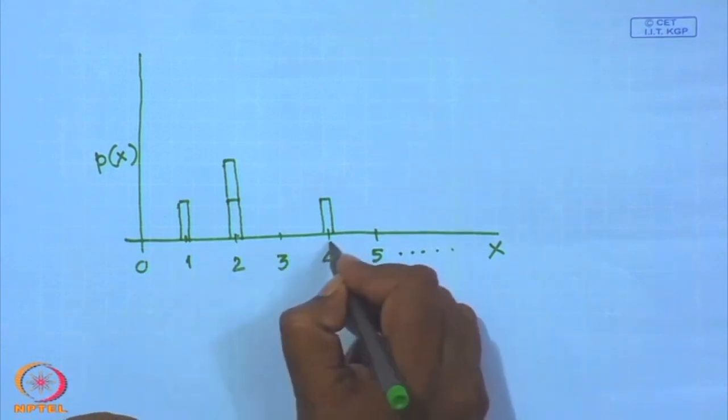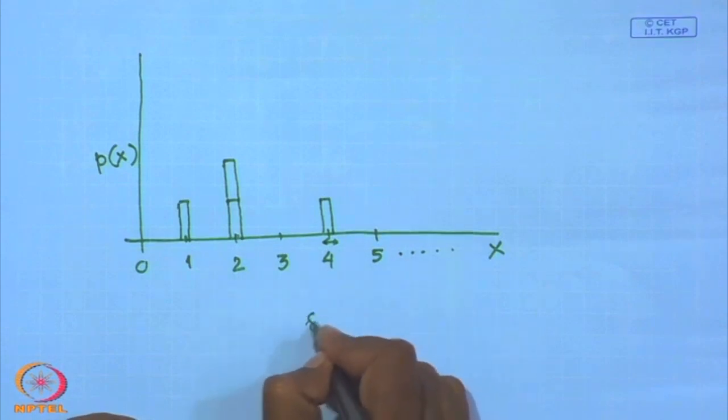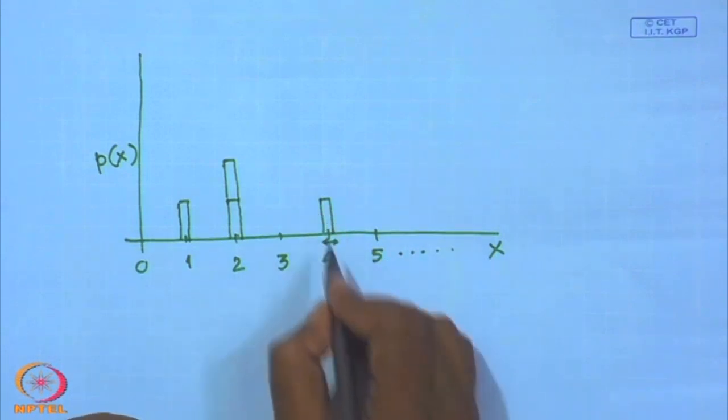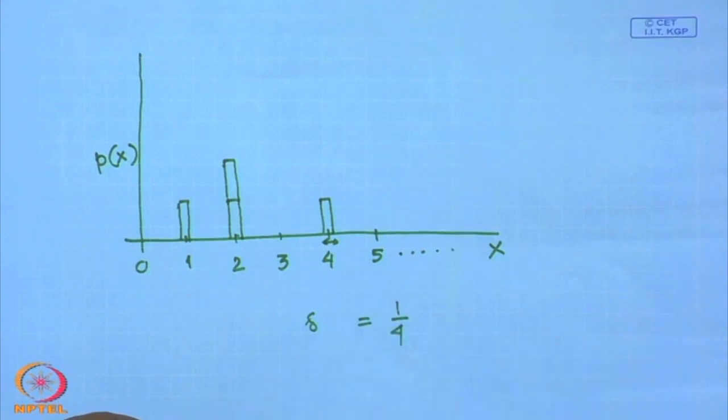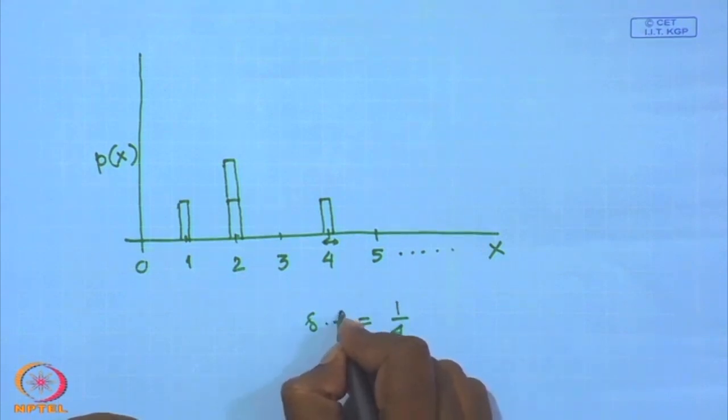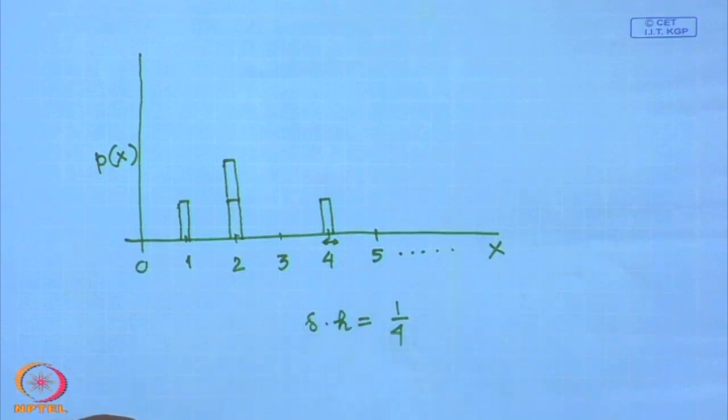And if the width of every delta function is say delta, and the area has to be 1/4, then the height of every delta function, if it is h, I have h is equal to 1/4 delta.